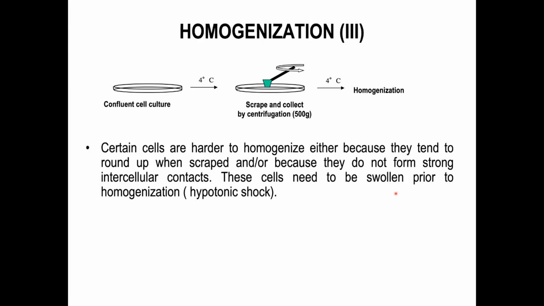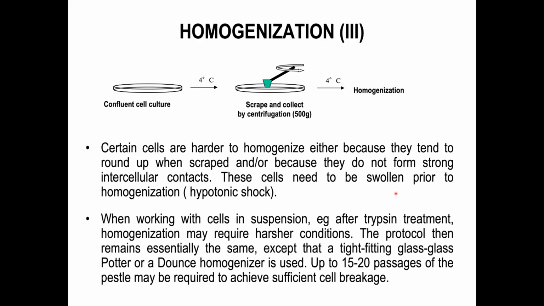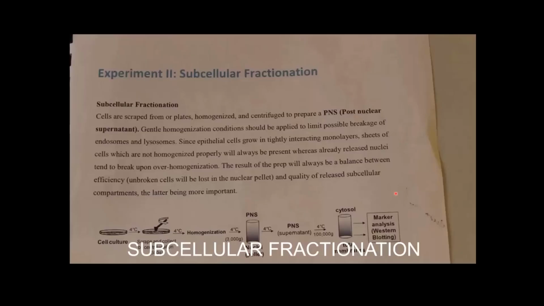So basically it's a hypotonic shock. When you apply a hypotonic shock to the cells, the cells swell and they become fragile, and with very little shear force you can already break them. And this, what is shown here on the bottom, is what I said before: with trypsin-treated cells you need higher shear forces in order to homogenize them.